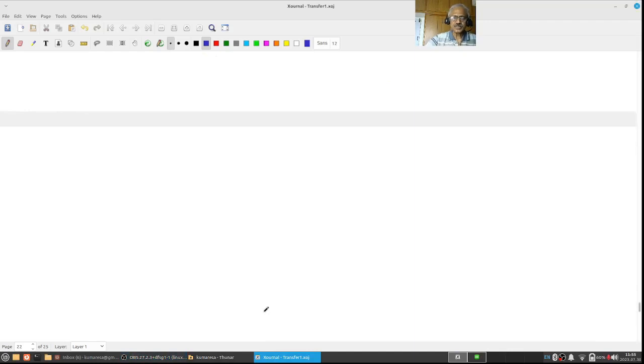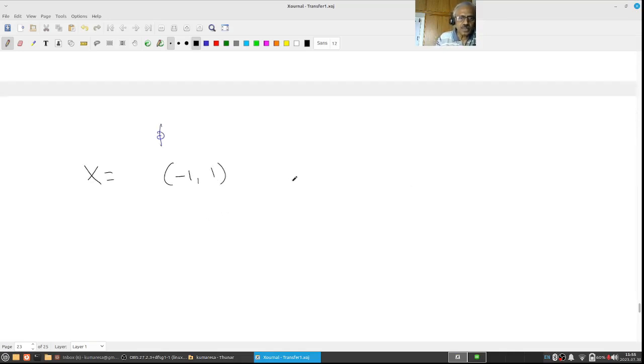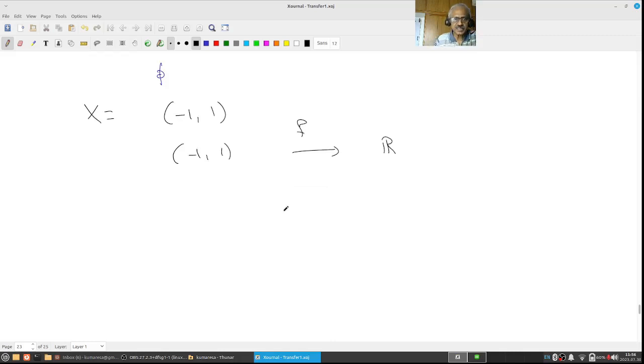Now let's transfer the structure. Suppose we look at x in the interval minus 1 to plus 1. Now I want to define something. Notice that I have a bijection of this into R. What is the bijection? The standard trick is I would like 0 to go to 0.